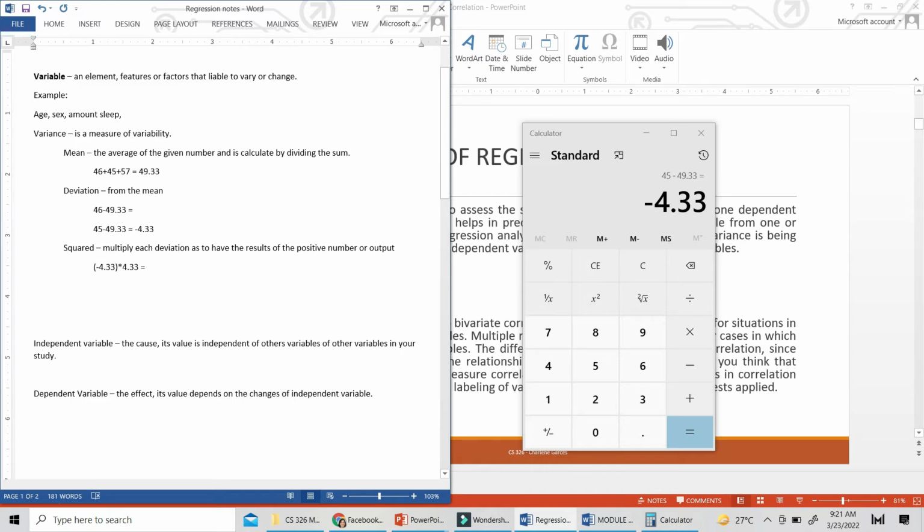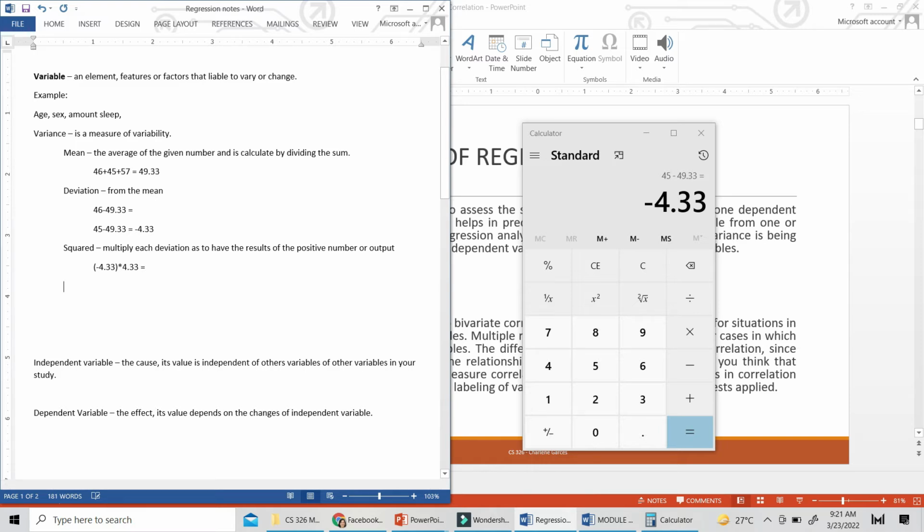So again, in order for us to get the variance, we need to solve the mean, the deviation, the squared. And then finally, we need to sum the squares. Whatever the results, there is a deviation, you have to add everything. So we have the sum of squares.